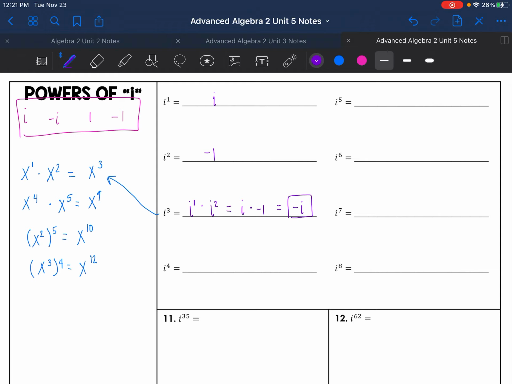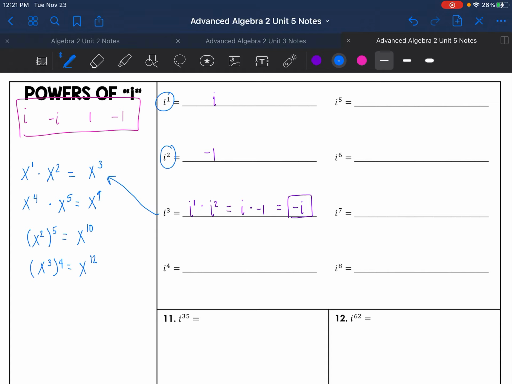Okay. What about i to the 4th? How can you use your exponent rules? Now there's a couple of ways, but I want you to try to do it using only these 2. That way you only have to have 2 things memorized. You don't have to memorize everything else. Just i and i squared.